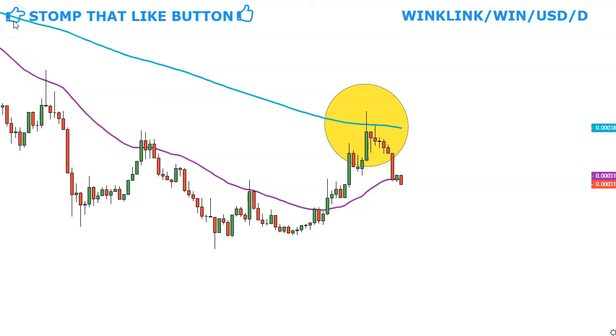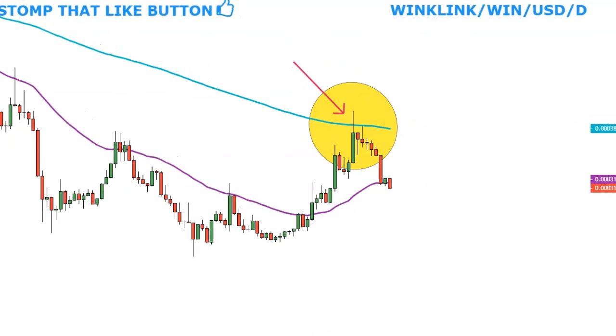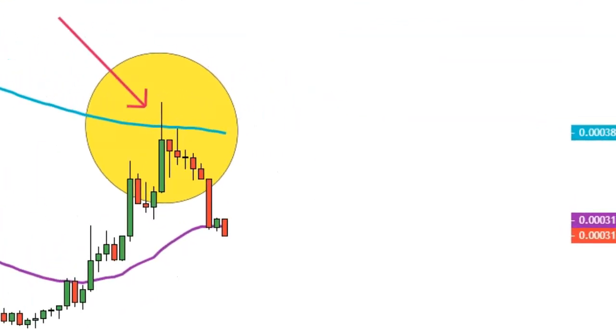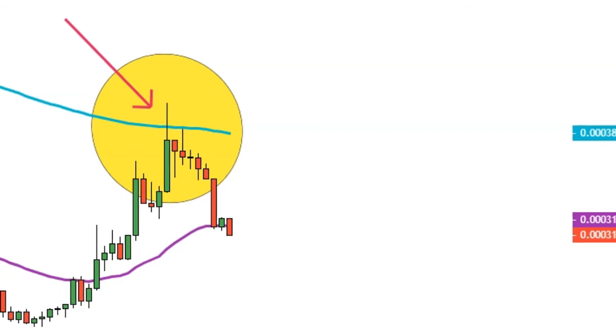And this is the reason why we stopped where we stopped, why we were rejected at around the 1st of April, right at those prices, because we never broke our big resistance that is standing at 0.00038 right now. Oh god, I forgot how WINkLink has so many zeros.